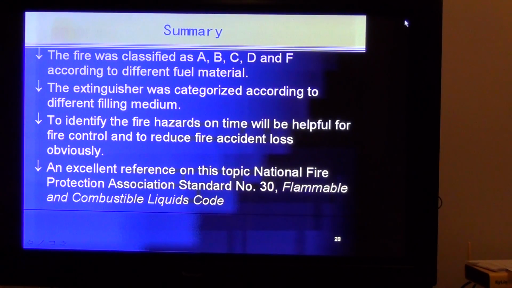For me, I would like to show you how to use the extinguishers, but because it's not on hand, I will just talk to you about how to use it. And maybe next time I will show you how to operate extinguishers. Okay?